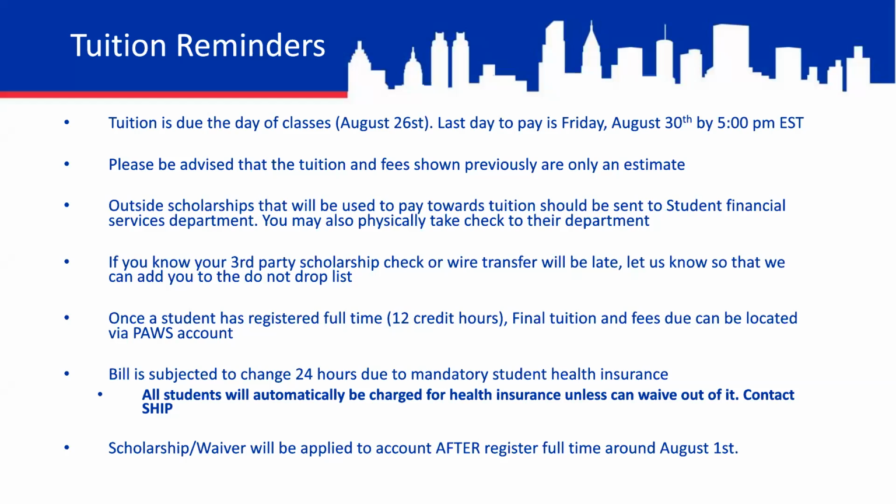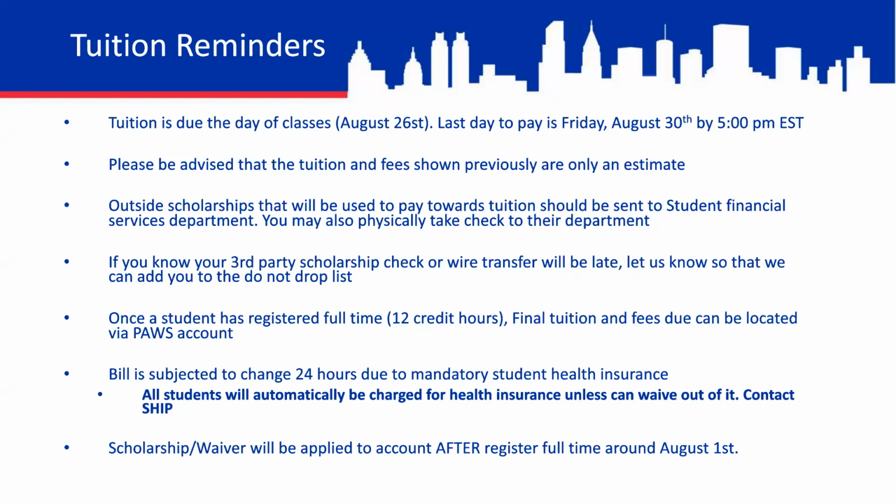So again, if you are receiving an outside scholarship from your government or a third party, and their payment transfer or release date may be a little different, please make sure to email me your offer letter from your government. Your government will send you a letter saying congratulations, you will be granted this amount.